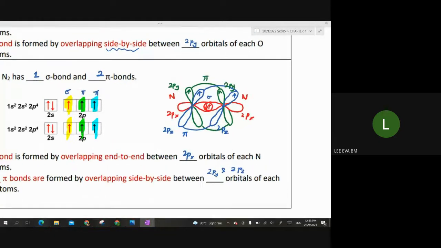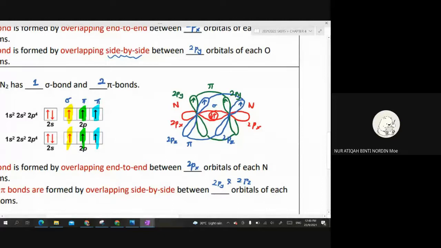Okay, so Madam gives you time to note it down first. The lines of the arrow, do we need to make contact between the two p's, to show that they are overlapping?